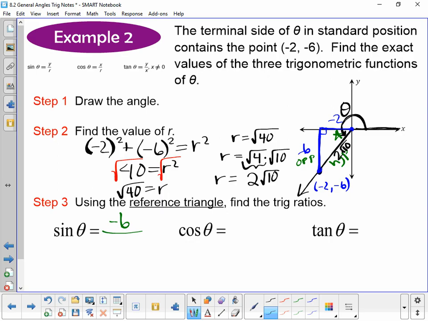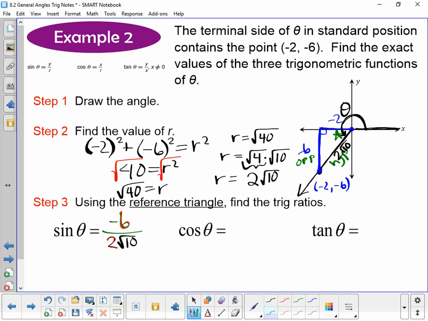Okay, so now we can finish writing our sine. Sine was the opposite over the hypotenuse. The hypotenuse is 2 root 10. Now that is the sine, but we could simplify it a little bit. And it won't always need to be simplified, but it sometimes will be. So the first thing I might notice is that I have a -6 over a 2.